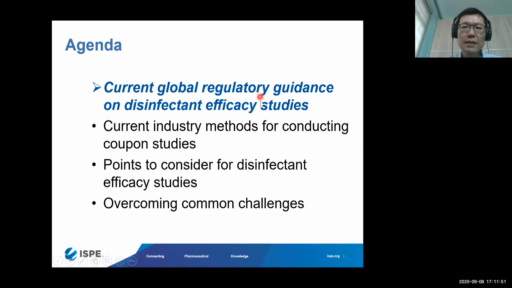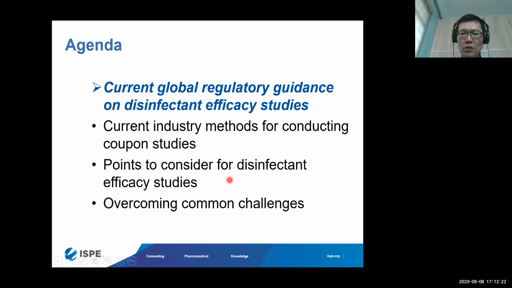Today's agenda will touch on the regulatory guidance and the guidance documents for conducting disinfectant efficacy studies. That means what the regulations concerning these efficacy studies are, and also the methods for conducting the coupon studies. We'll also consider the important points before you perform any disinfectant efficacy studies.